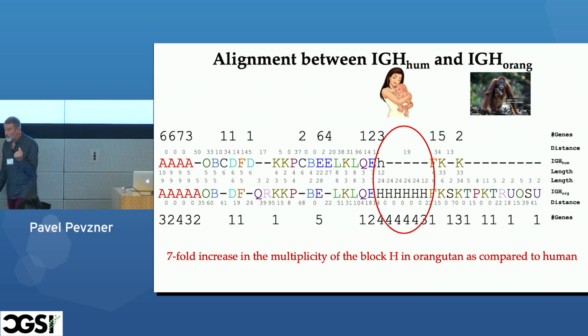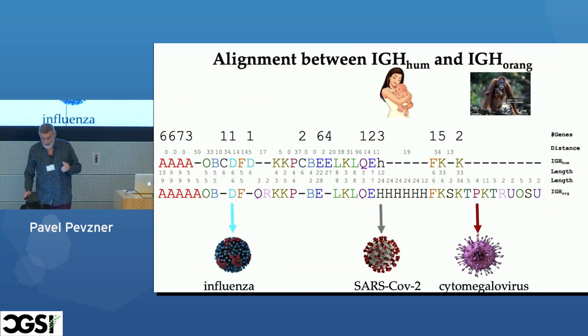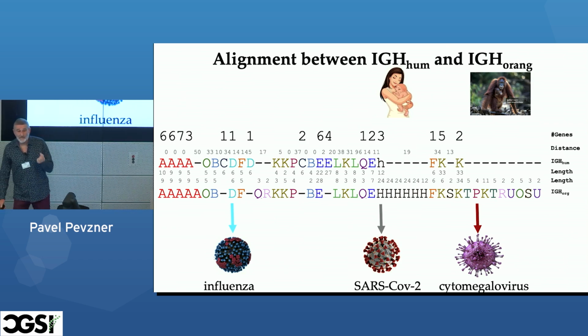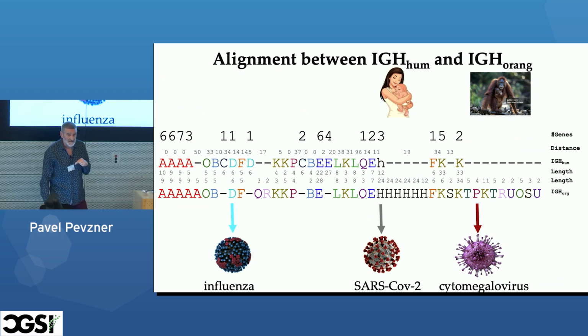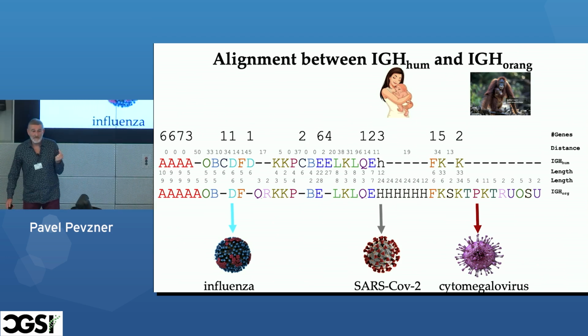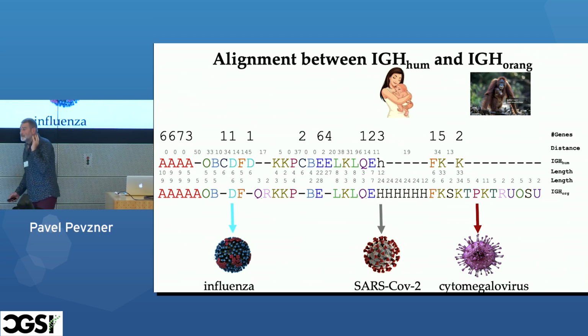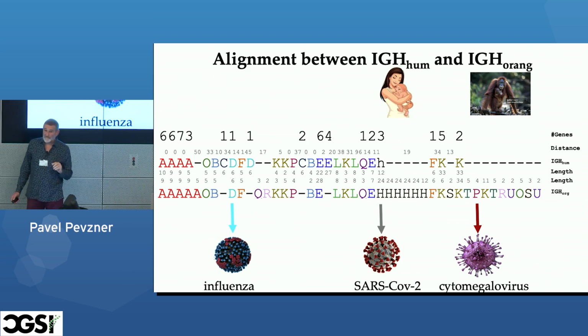This is definitely important. It's actually maybe a matter of life and death. Why? Because many immunity genes are specialized for fighting certain viruses. For example, there is the V gene IGHV1-69 that is particularly important for fighting flu infection.